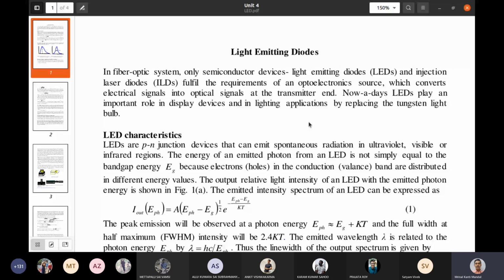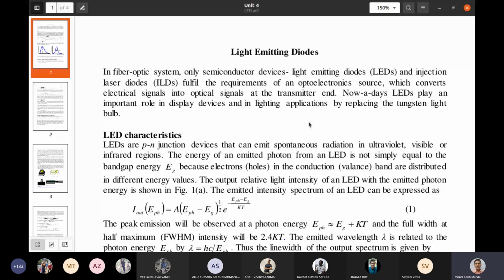Here, in the case of PN junction devices, the LED and laser diode are equally important. In a small-distance communication system, if the length of the optical fiber is small, then an LED is useful.